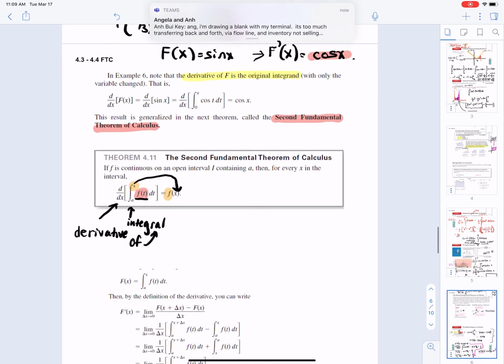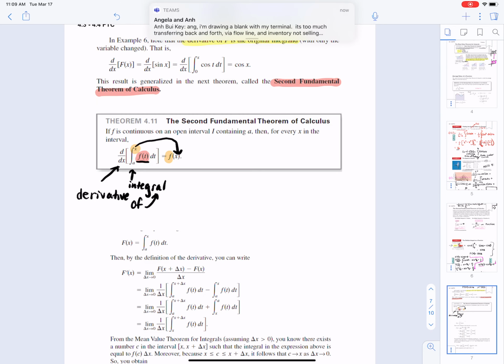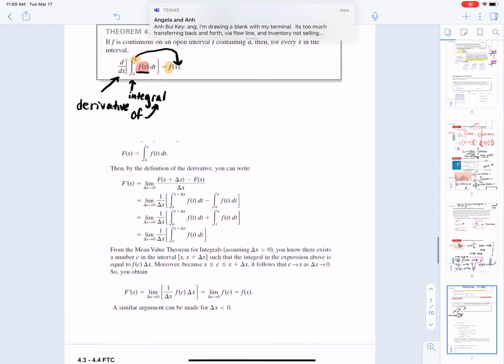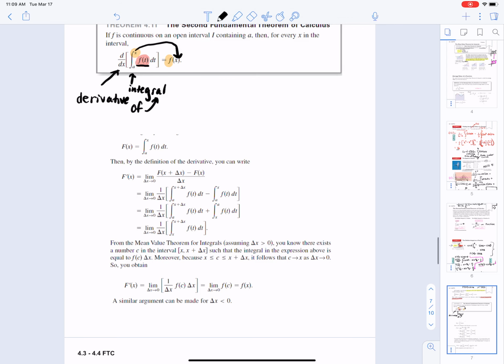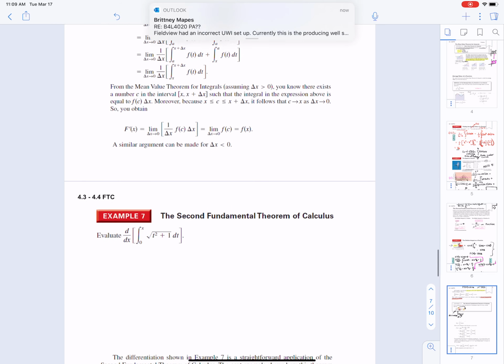Now you're actually going to see chain rule applied to this, and you'll see that in an example. We're going to omit the proof for right now, but we'll show an example of what we're doing here.